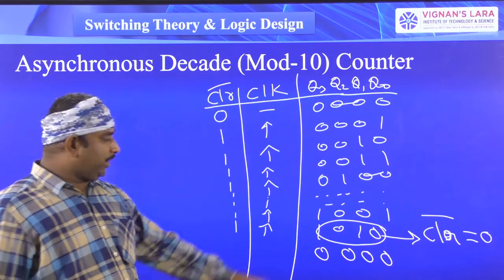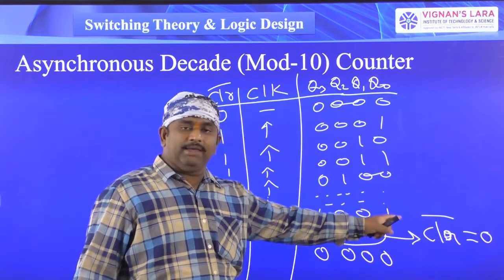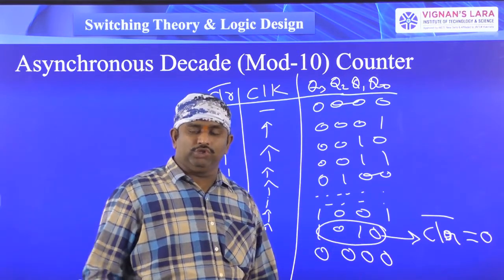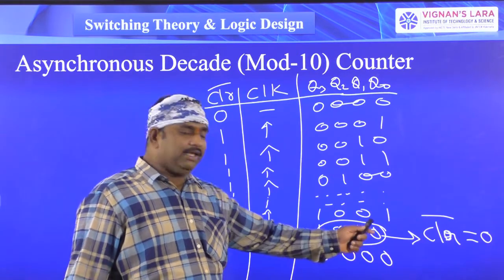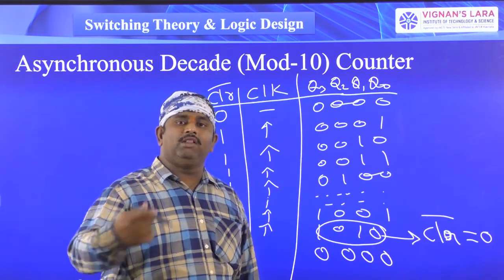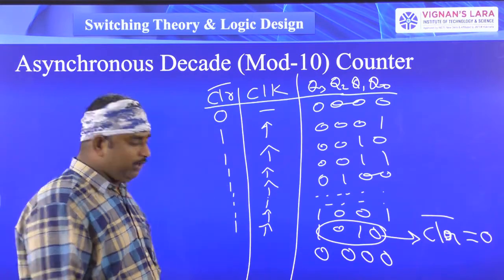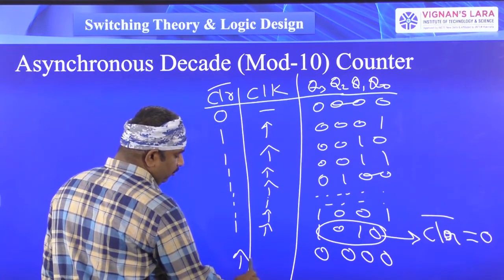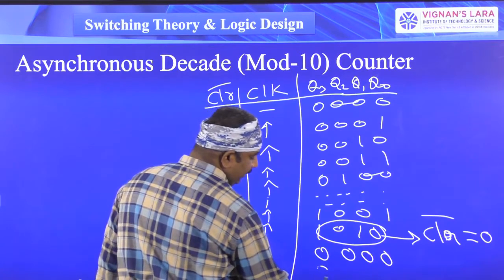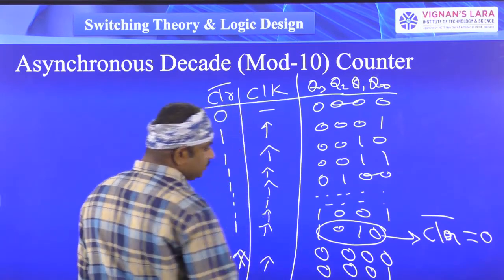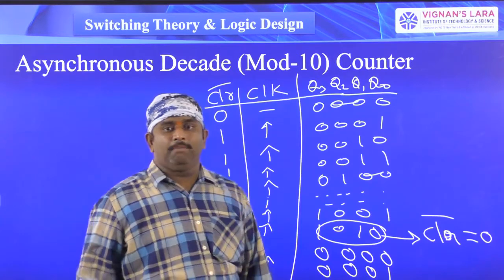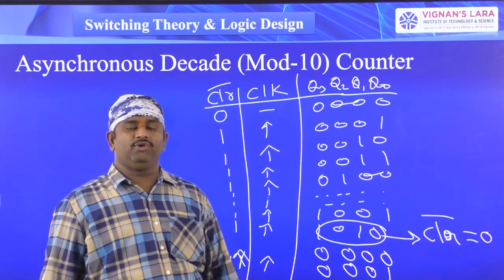This clear signal is basically an active low signal. Whenever clear bar is equal to 0, automatically all the flip-flop outputs go to 0. Then, if you give the clock signals again, the counting sequence continues. So this is the behavior of the mod 10 counter.